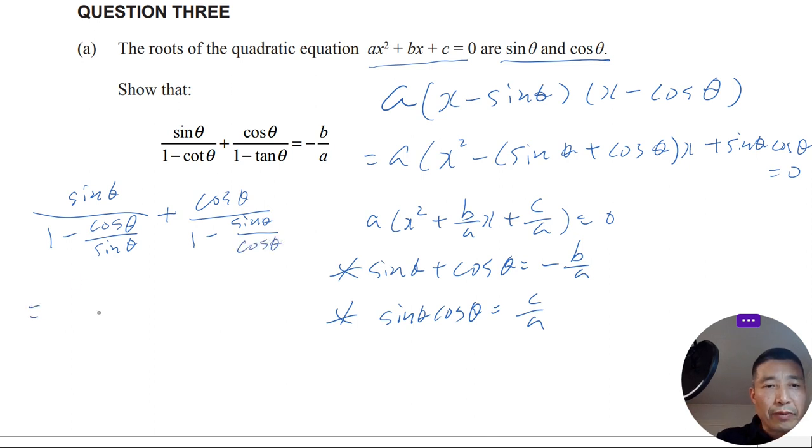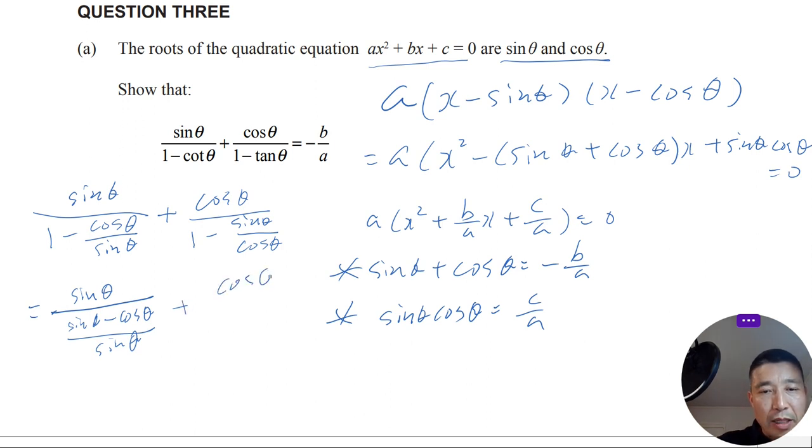So if I simplify this, I get sine theta minus cosine theta over sine theta. Do you see that? So 1 means a sine theta over sine theta. So that's what it means. And then plus cosine theta over 1 becomes a cosine theta minus a sine theta over cosine theta.